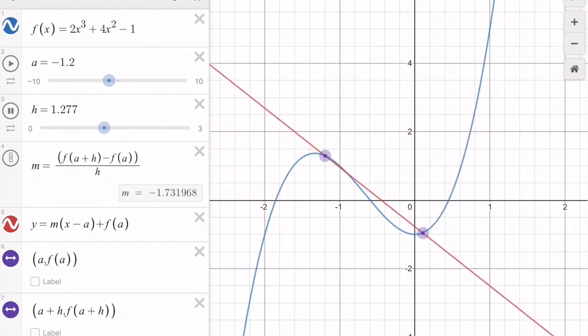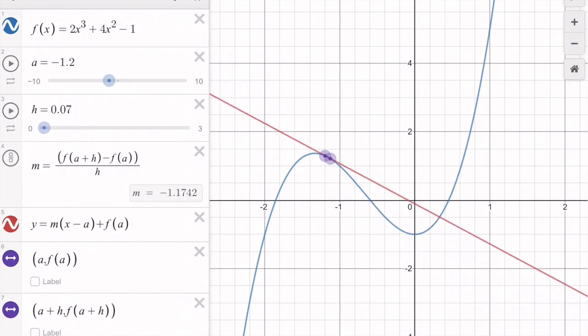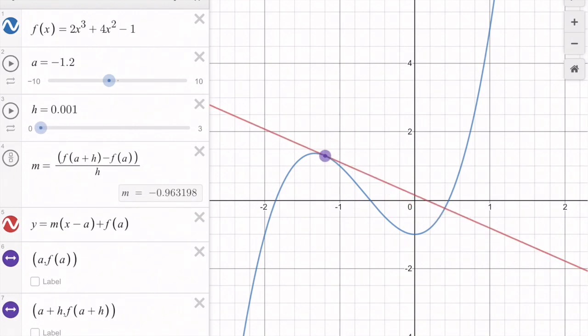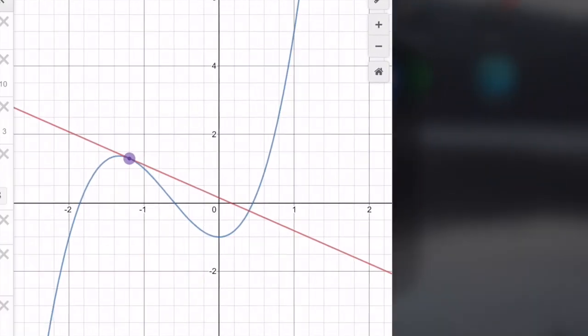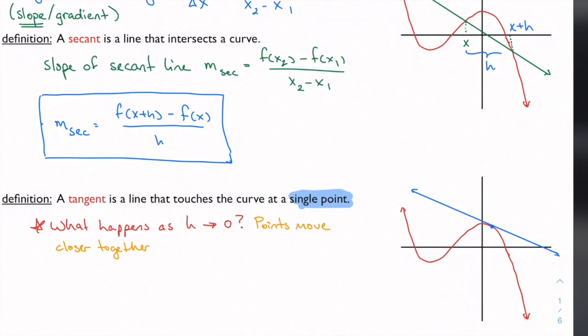You can see it start to move closer and closer and closer together until they wind up right on top of each other, and they effectively touch the curve, touch the graph at 1 point. That's going to set up our tangent line. So what happened? Well, let's show that one more time.